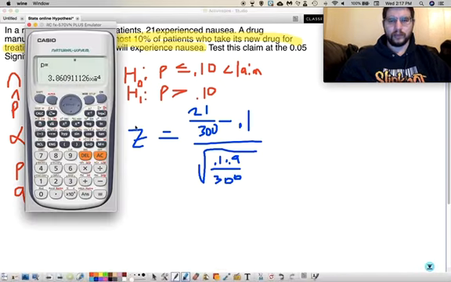I'm going to use the Casio so I can store it for later. Oops, I need a fraction. Okay. So our test statistic is negative 1.7321.